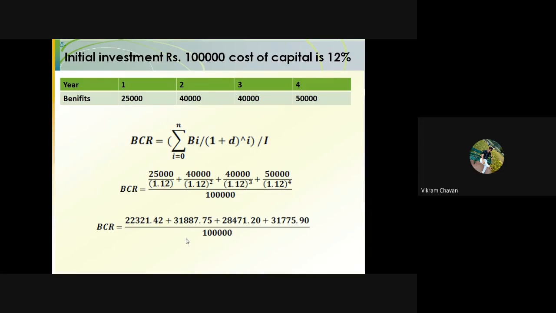Please mention your final value of BCR in the chat box.